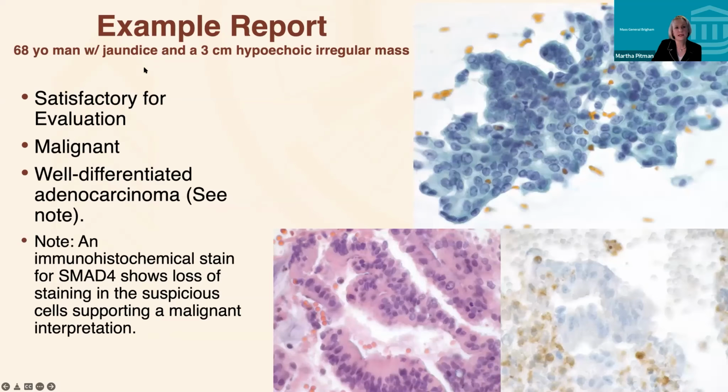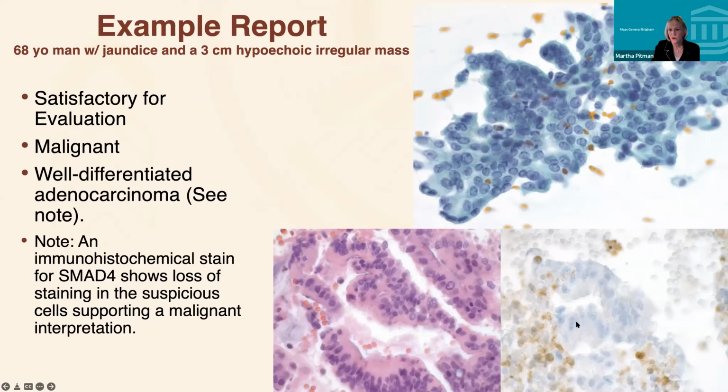Here's an example of a 68-year-old man with jaundice and a 3-centimeter hypoechoic irregular mass, malignant, well-differentiated adenocarcinoma. We can see the drunken honeycomb pattern, the round regular nuclei, a little bit of crowding, abundant cytoplasm. If you have any doubts that this is adenocarcinoma, you can add some ancillary stains.